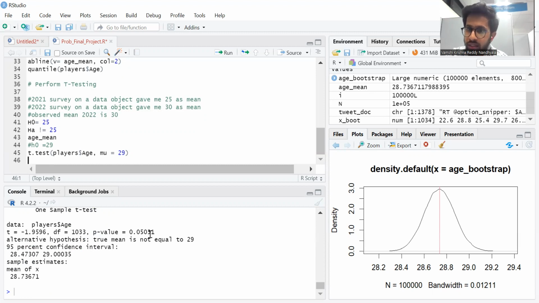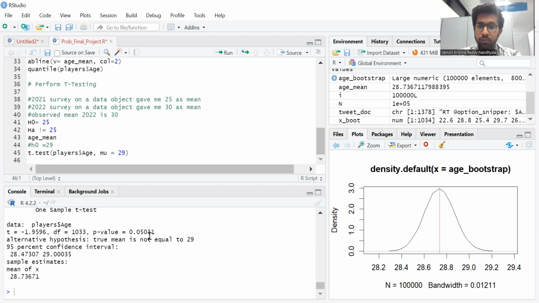In hypothesis testing, if our p-value is more than 5%, we are going to accept the null hypothesis and reject our true mean value.